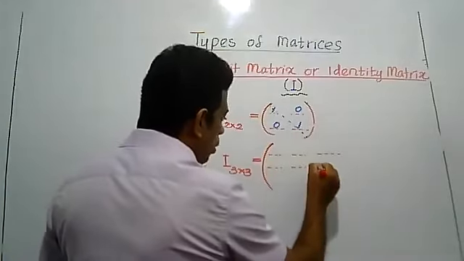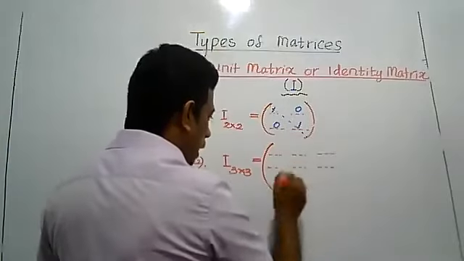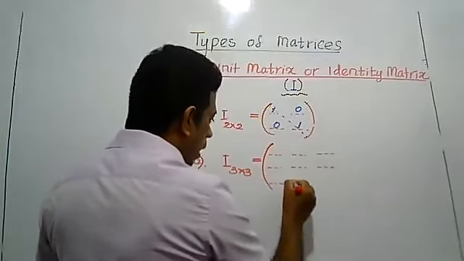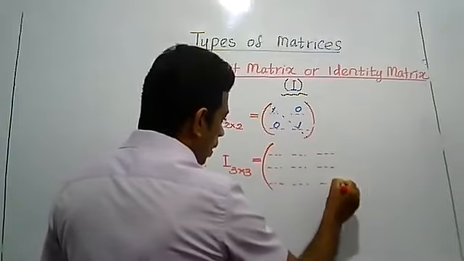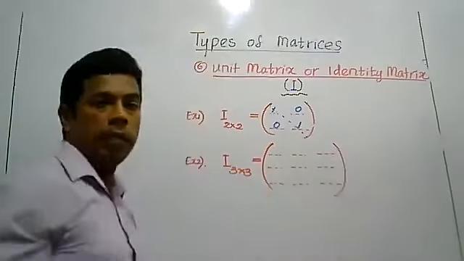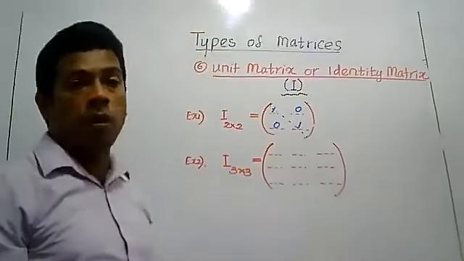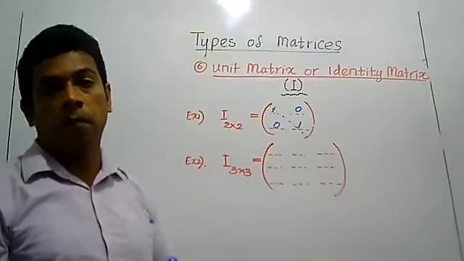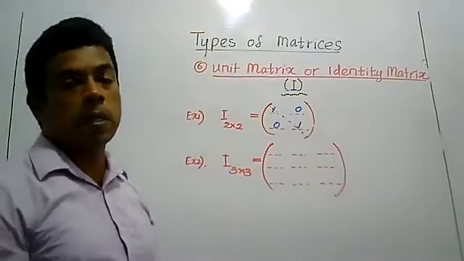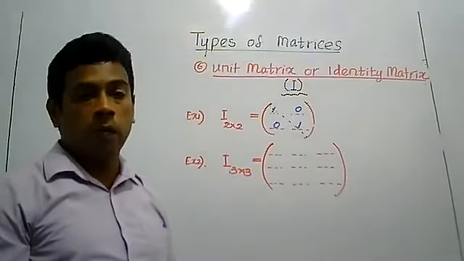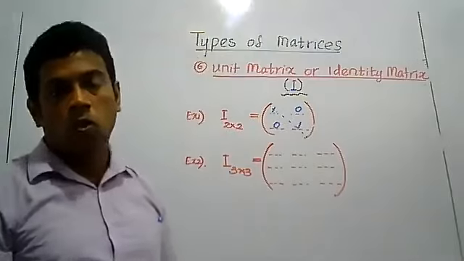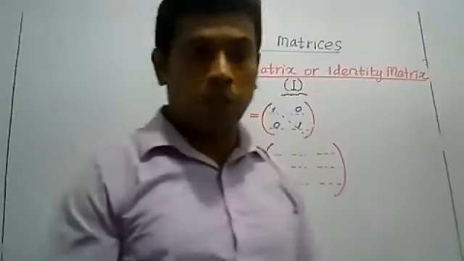Then identify the main diagonal of the matrix. That is a matrix of order 3 by 3, a square matrix. Now represent the elements from top left to bottom right. They are units. All the other elements of the matrix should be zero.